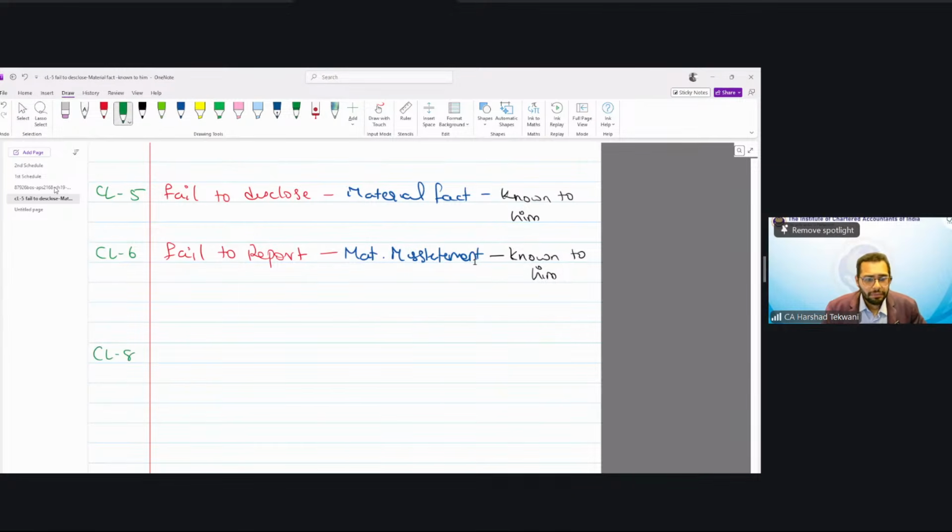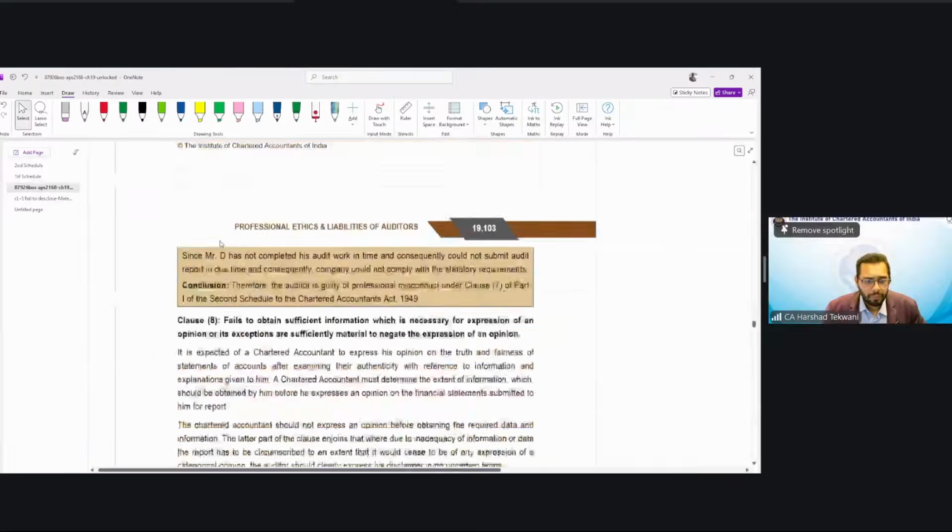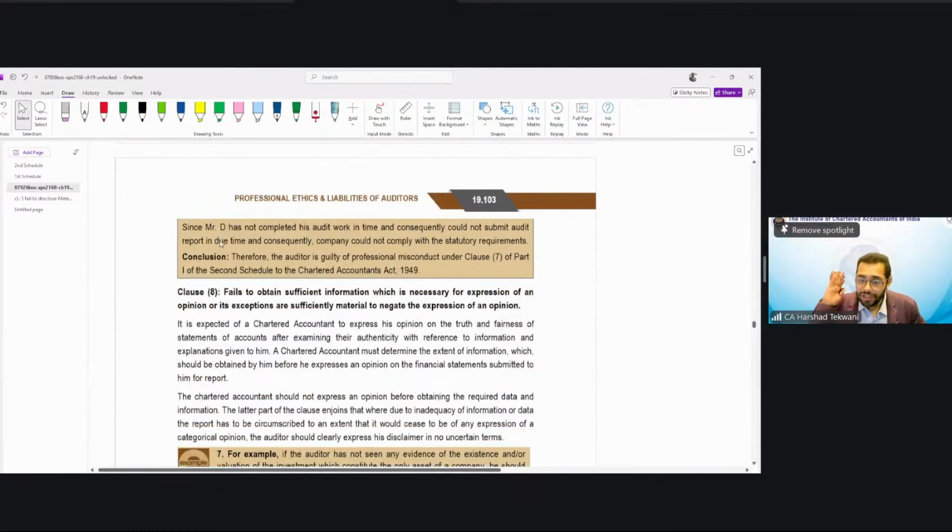What is clause 8? Fails to obtain sufficient information which is necessary for the opinion, or exceptions are so big that they are negating your expression of opinion. So I would say fail to obtain sufficient information necessary for opinion.